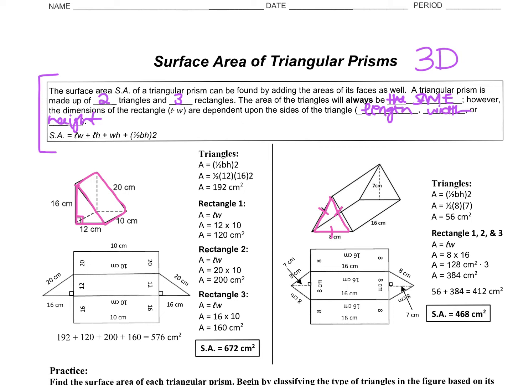The nice thing about equilateral triangles, notice all 3 are the same. However, back to that right triangle on the left, our 3 sides were different. So they're not always going to be the same size, because we have 10 by 20, a 10 by 12, and a 10 by 16. So all 3 of these are very different, while on the other side, all 3 would be the same.